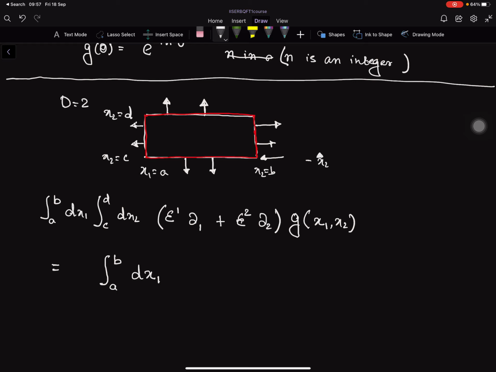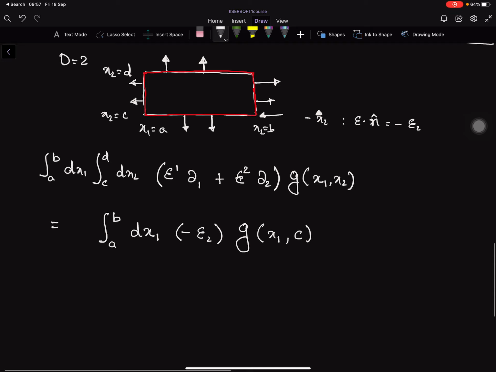That means the dot product epsilon dot n is simply minus epsilon 2. So this will become minus epsilon 2 g of x1 and x2 restricted to c. So that's the first boundary component.